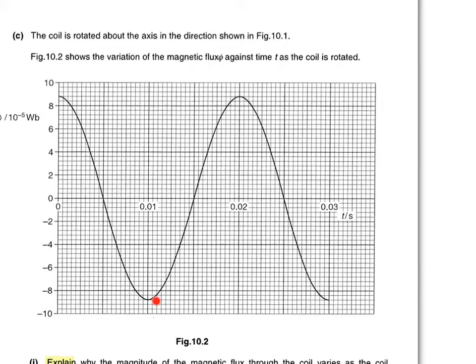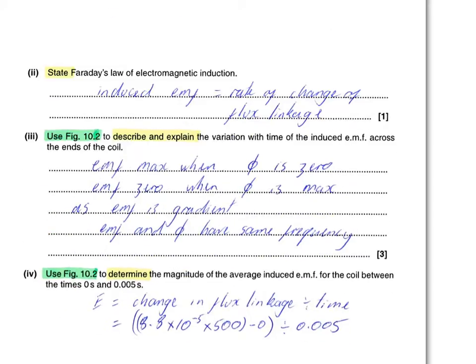So the induced EMF is going to be 0. So the induced EMF will be 0 when the flux is at a maximum. You could give that in terms of the actual times, and the EMF is going to be maximum where the gradient is maximum, which is at the points where the value of the flux is 0, those points there. So yeah, that gives those ideas.